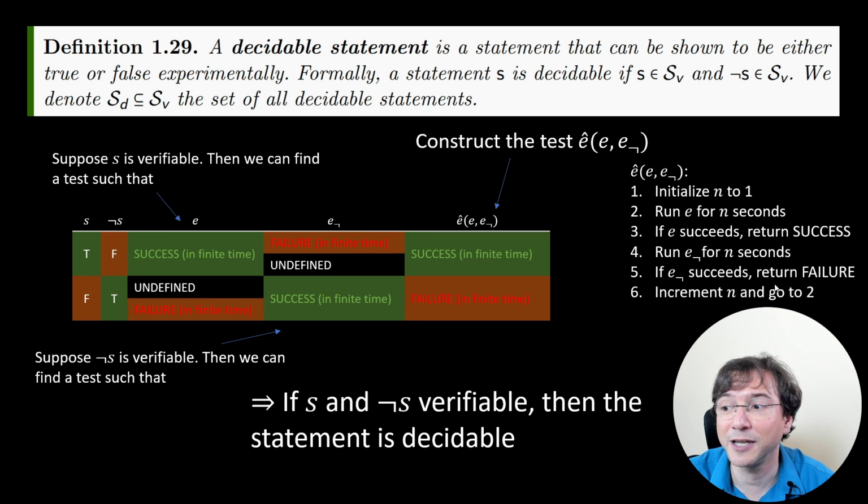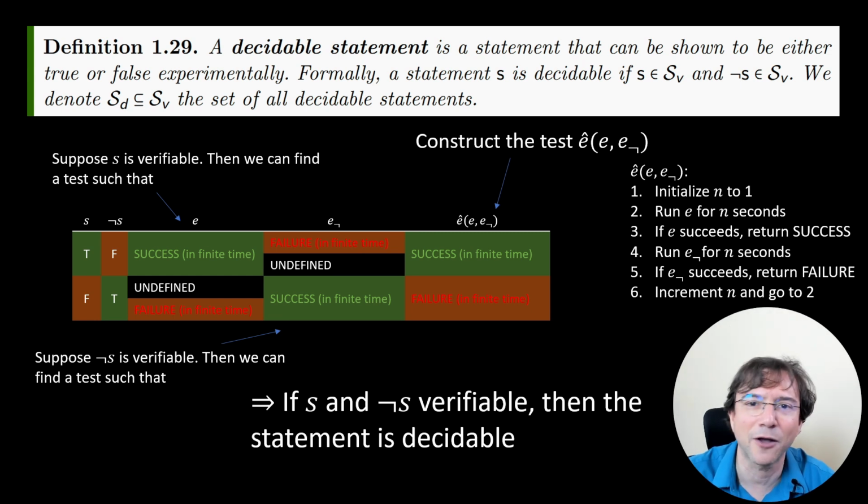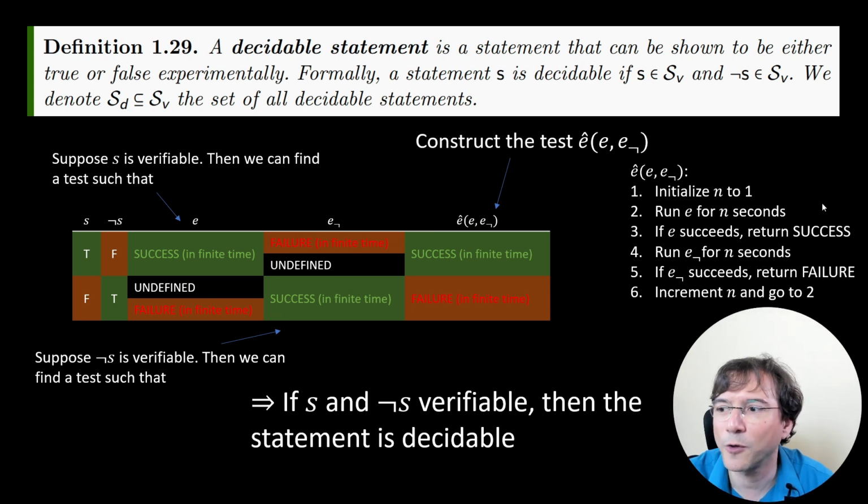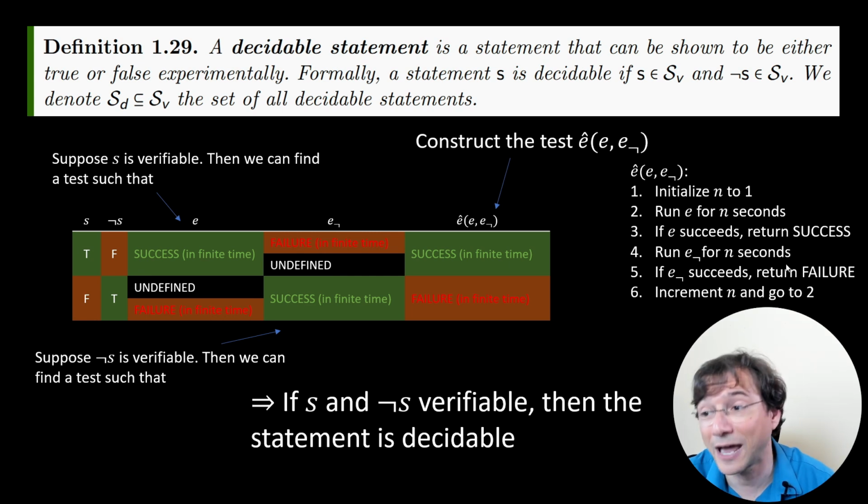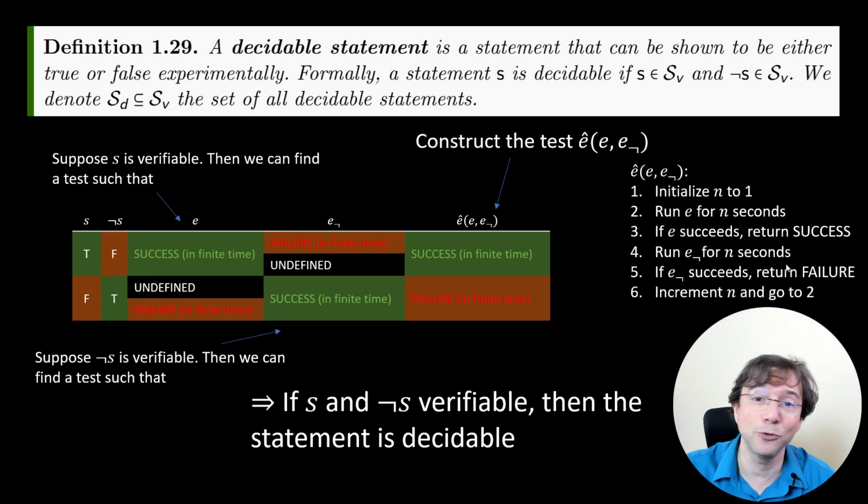Of course, neither of these tests might reach success in 1 second. So you increase n and go back to the start. So you run for 10 seconds or an hour, and you see whether one ends in 1 hour or the other one ends in an hour. If none of them end, then you do it for 2 hours, and then 3 hours, and 4 hours.